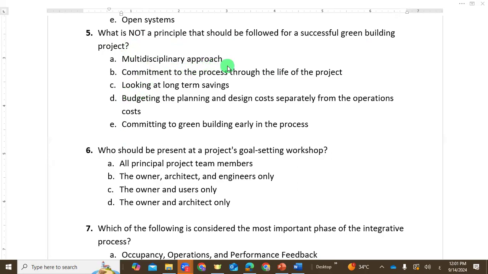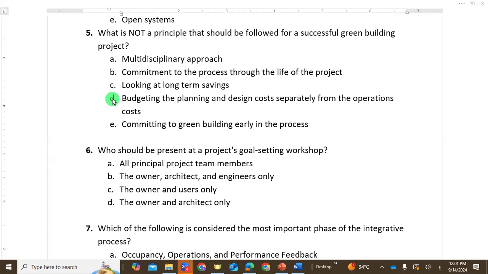Multidisciplinary approach. No, it's good. Commitment to process. It's good. Long-term savings. Let's think about it later. Budgeting the planning and design cost separately from the operation cost, which is not really what makes sense.